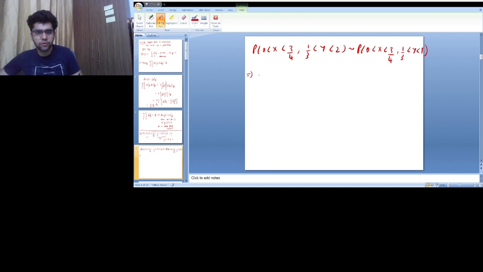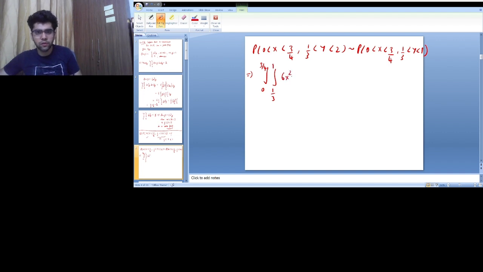So let's just find this. I'm assigning dx to the second integral, so x goes from 0 to 3 by 4 and y lies between 1 by 3 to 1.